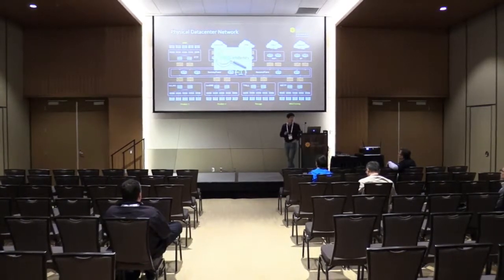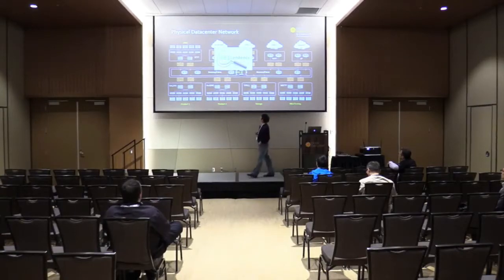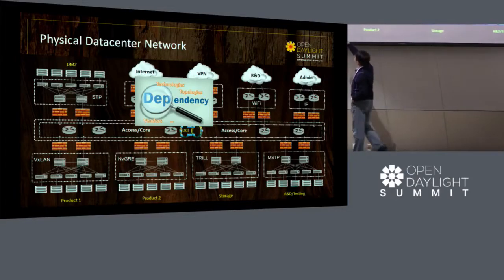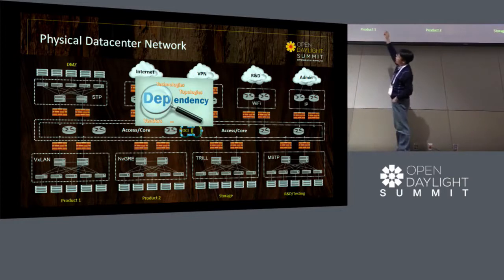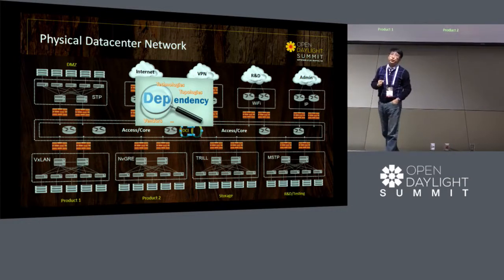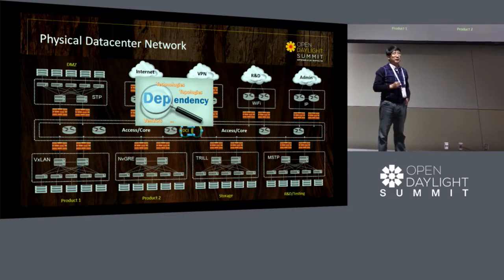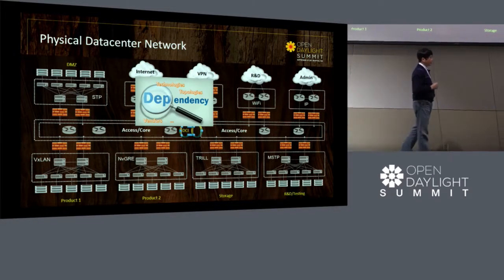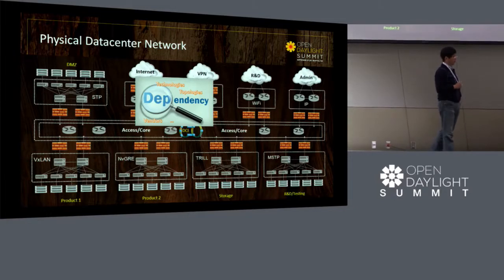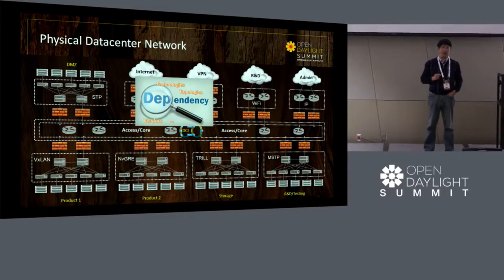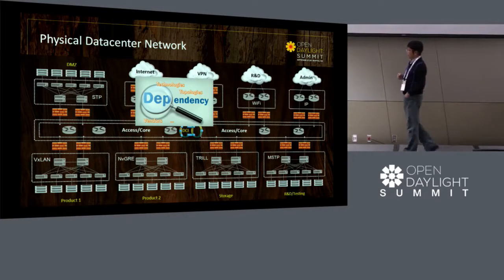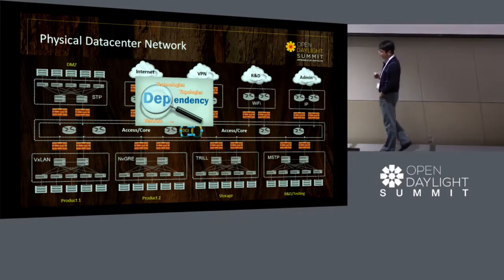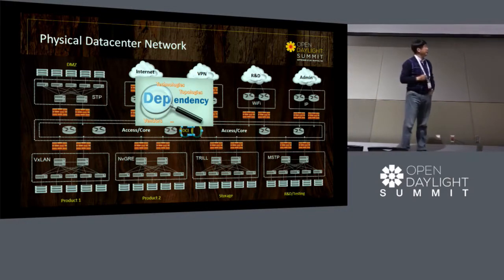So first, we try to solve network dependency, which means each pod here, each fabric, could use different technology, for example MSTP or VXLAN. You could use centralized control like a normal SDN controller or an OpenFlow controller. It could be overlay or underlay, doesn't matter. They could come from different vendors, doesn't matter.